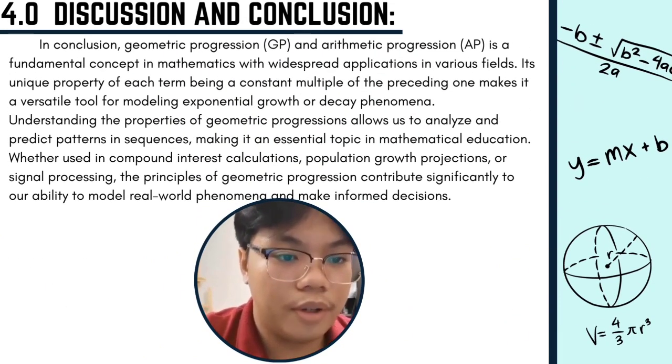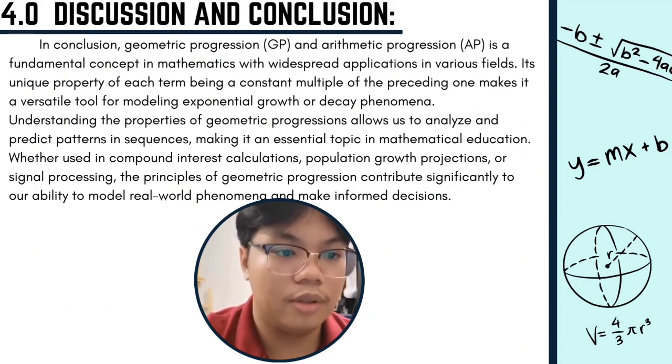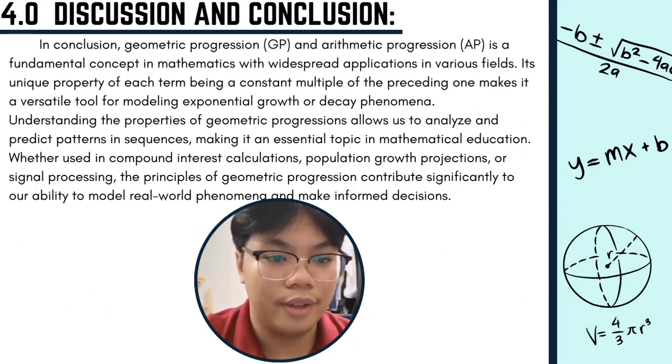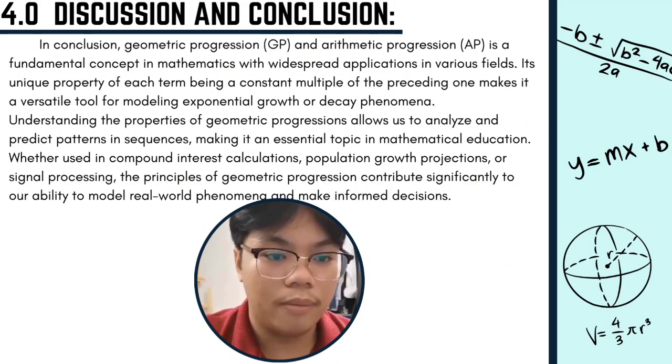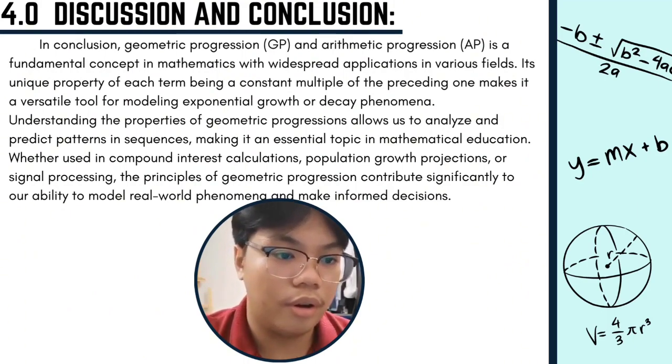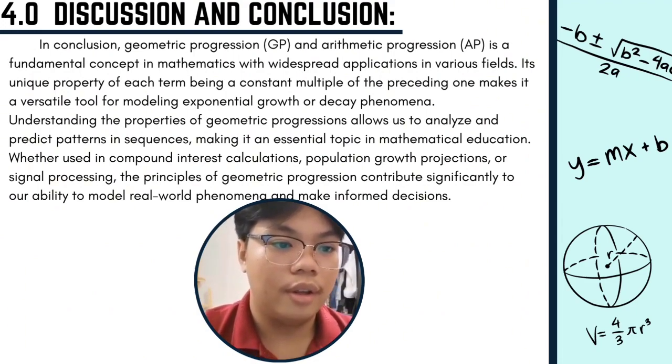In conclusion, geometric progression (GP) is a fundamental concept in mathematics with widespread application in various fields. Its unique property of each term being a constant multiple of the preceding one makes it a versatile tool for modeling exponential growth or decay phenomena.